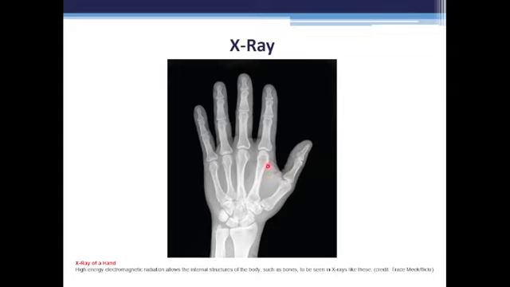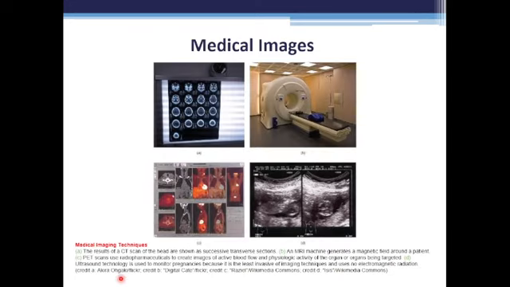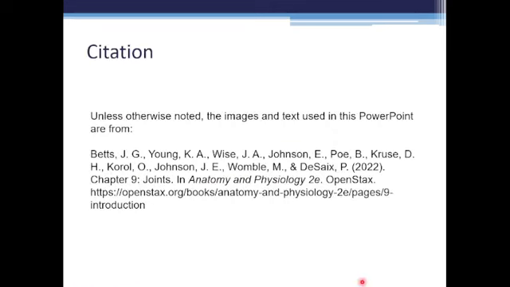Some of the radiation is fully blocked by the bone, or your teeth, which results in this kind of white shadow. So high energy electromagnetic radiation allows the internal structures of the body, mostly bones, to be seen in X-rays like these.